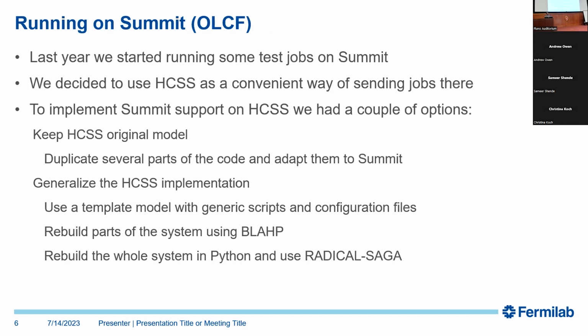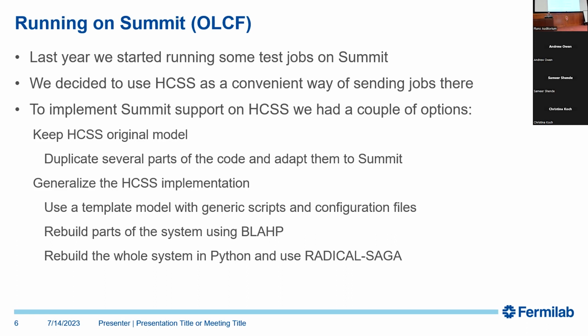So last year, we decided to start running some tests on Summit at Oak Ridge. And of course, we needed a way to submit jobs there in a more automated way. So we decided to use HPSS as a convenient way of sending the jobs there. To do that, we would have to implement support for Summit, right?